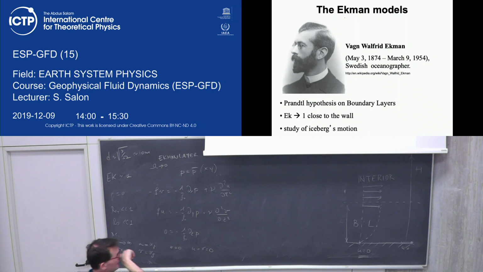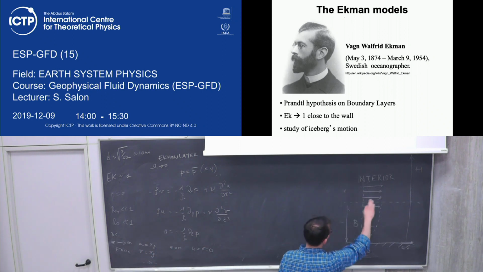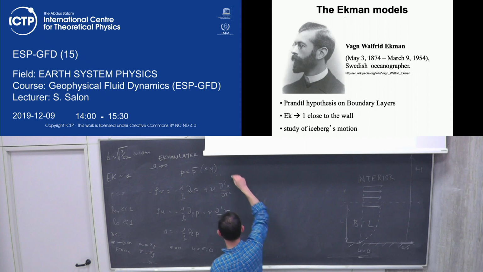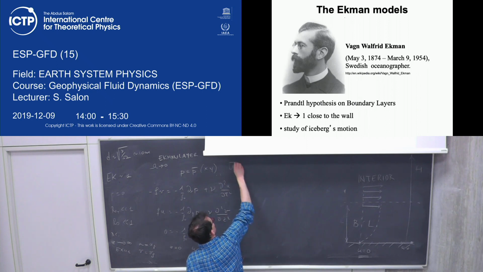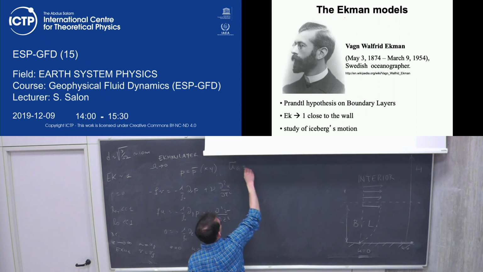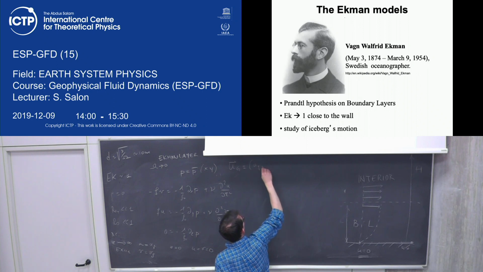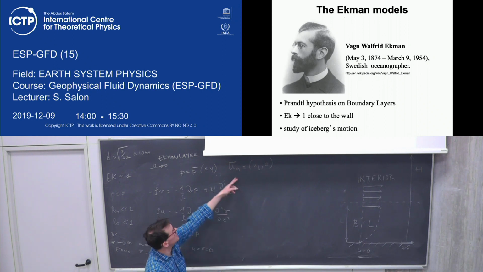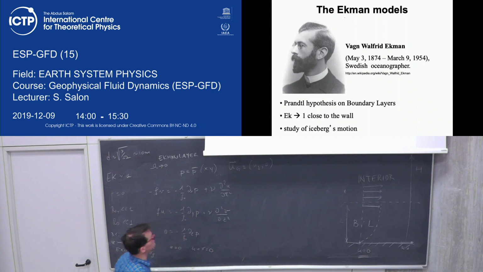And we can put our interior geostrophic flow parallel to x, so that the geostrophic flow is simply Ug, 0. So we align our frame of reference with the x component of the geostrophic flow.